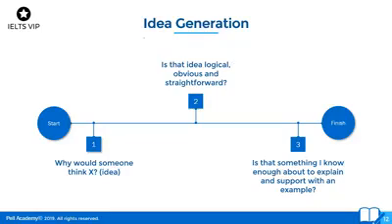So it doesn't matter if you think of a great idea and you're like, yes, it is logical, it is obvious, and it is straightforward, but I don't know how to explain it and I can't think of an example. If that's the case, go back to stage 1, try and think of another idea. What would be another reason why someone would think that?